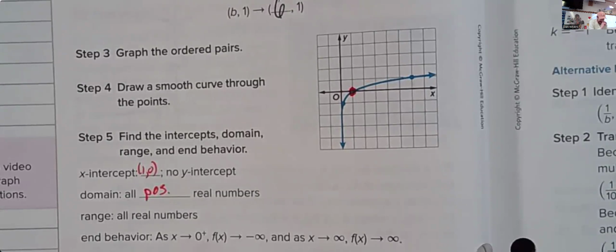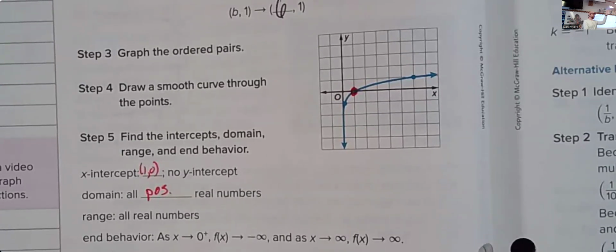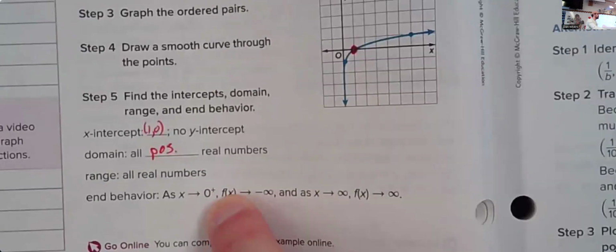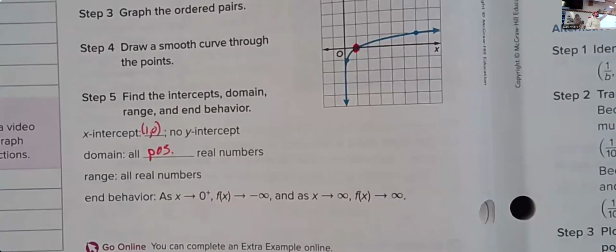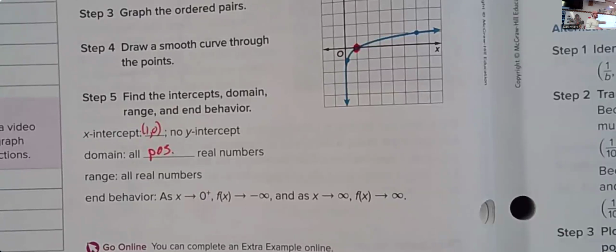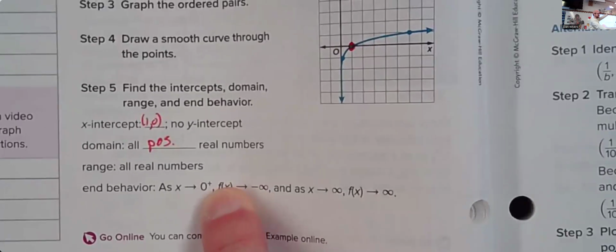And end behavior. Now, if this one was horizontally reflected, this would not be 0 with a plus, it would be 0 with a minus because it'd be coming in from the left. But because it's coming in from the right, we're saying as it approaches 0 from a positive direction, from the right, so that plus means from the right.